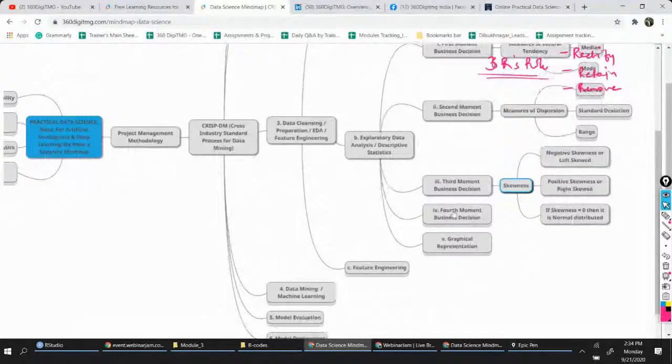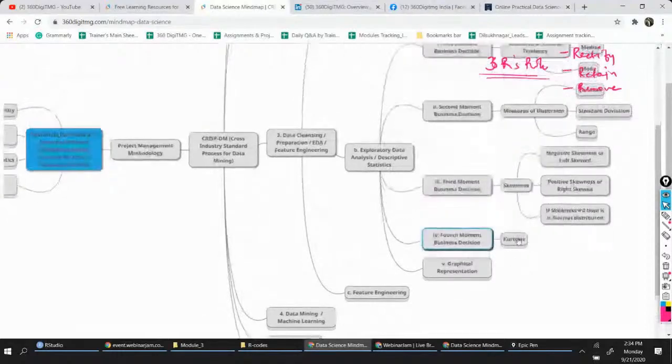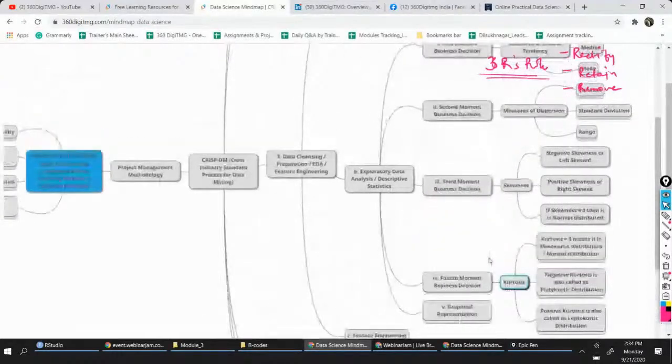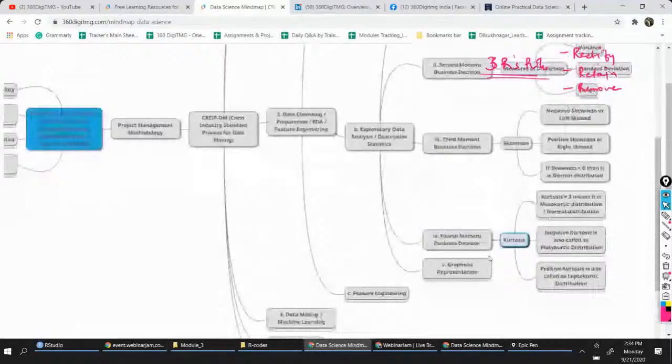Then we have kurtosis, which basically represents the sharpness in the distribution of the data. Sharpness, peakedness. If the spread of the data with respect to the center is less, that means more data is lying at the center, then we will be getting a very, very sharp peak.